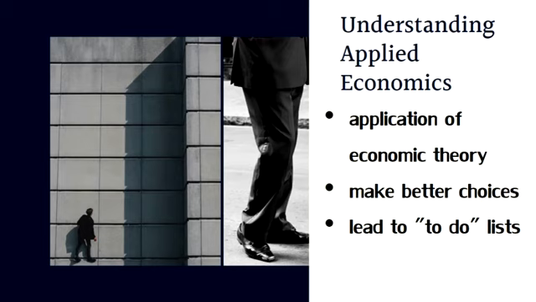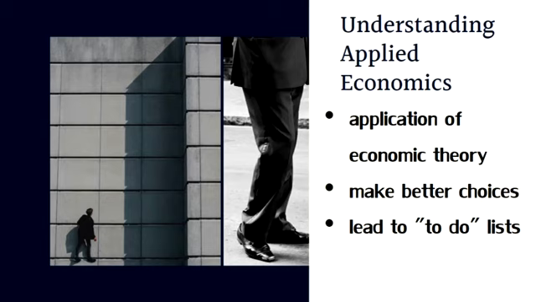Applied economics is the application of economic theory to determine the likely outcomes associated with the various possible courses of action in the real world. By better understanding the likely consequences of choices made by individuals, businesses, and policymakers, we can help them make better choices.